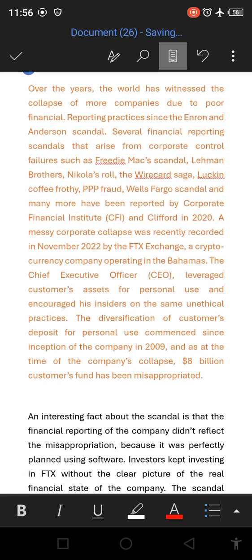You see, over the years, the world has witnessed the collapse of more companies due to poor financial reporting practices since the Enron and Arthur Andersen scandal. The Enron scandal is an old scandal that everybody knows about when it comes to corporate governance. In fact, it's one of the scandals that formed the beginning of the global seriousness when it comes to corporate governance.